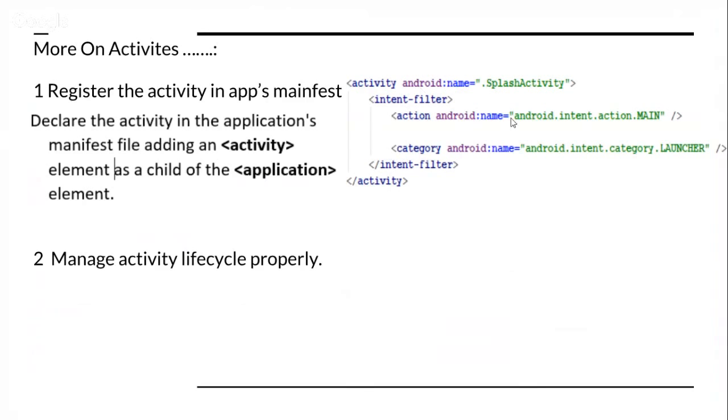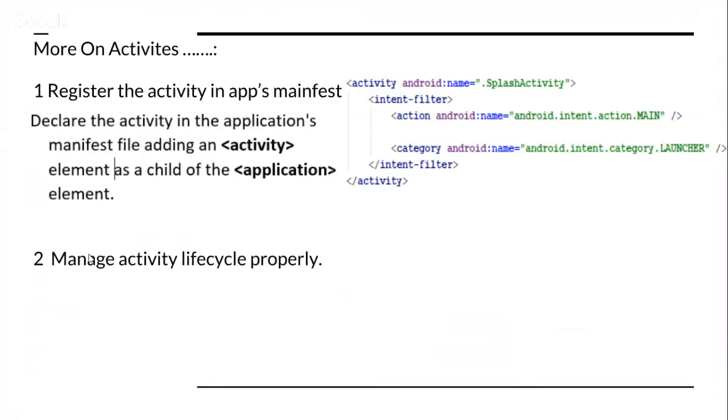You can declare it like this, using the activity tag for adding your activity, and it should be inside the application tag. If you have some knowledge of HTML, XML and HTML are similar kinds. You can see this activity must be inside our application.